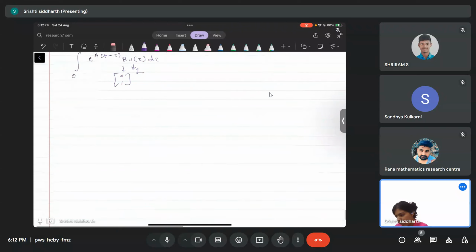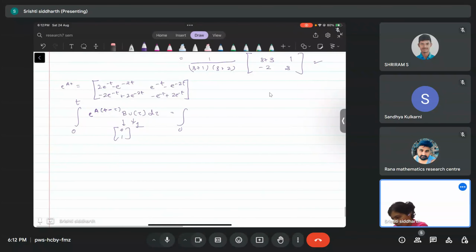Let's check. Yeah. So what we can do is take the second column, e to the power minus t, e to the power minus 2t, and then replace these t's by t minus tau.